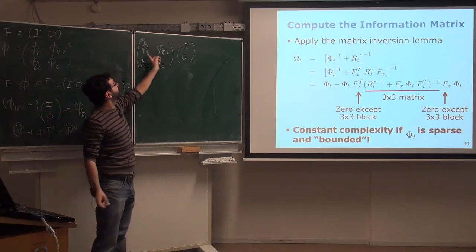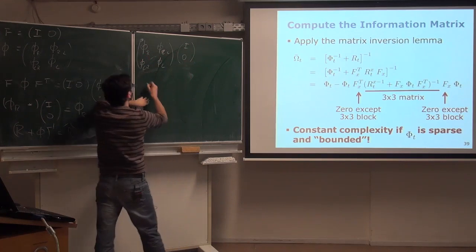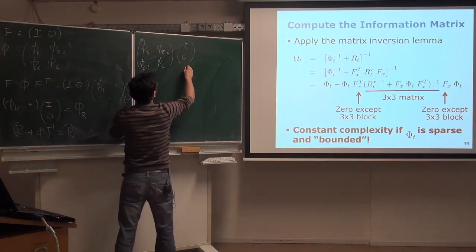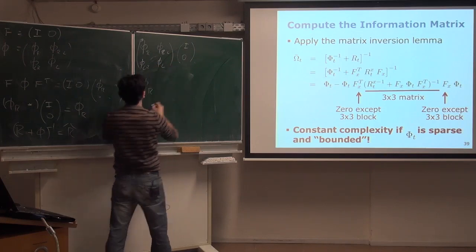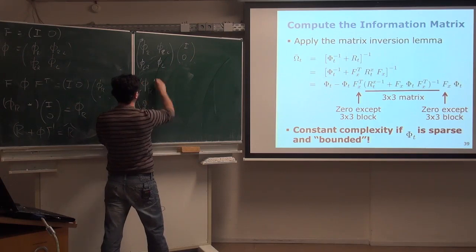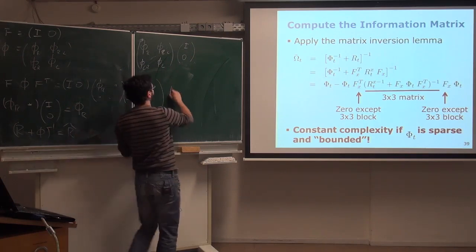If we multiply this by that, we have that the first row is actually phi R. Then we get the second row is phi R. Okay. This then multiplies this R hat that we have here.